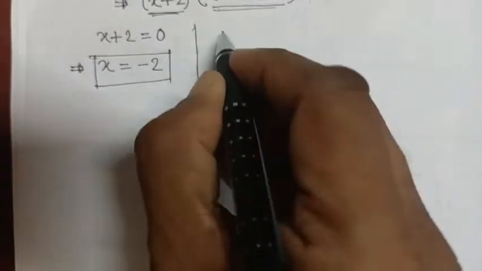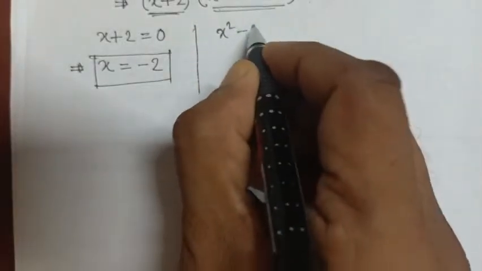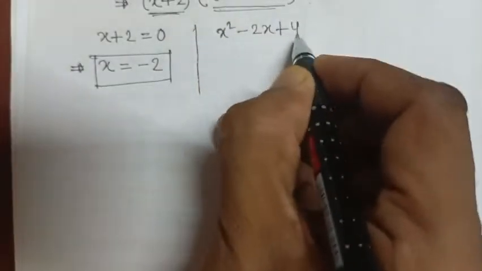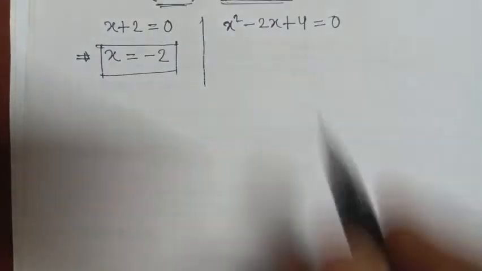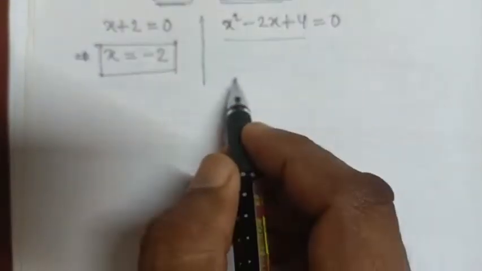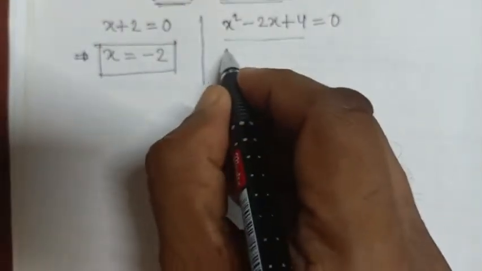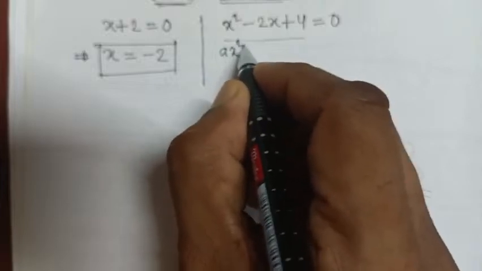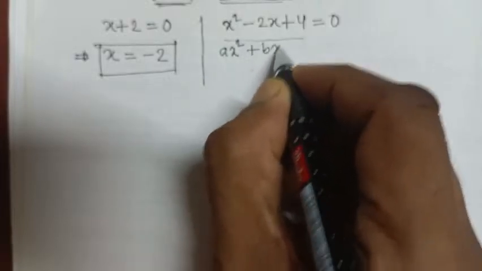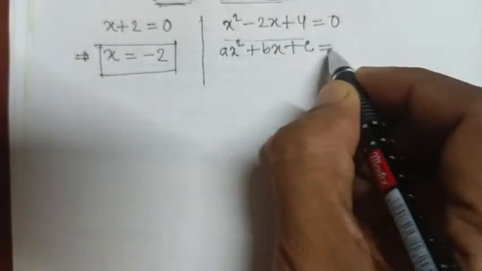Now we are taking x square minus 2x plus 4 equals 0. So this is a type of quadratic equation. So we can write one quadratic equation, ax square plus bx plus c equals 0.